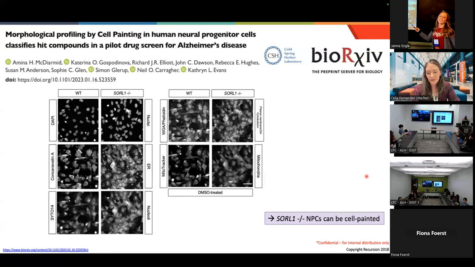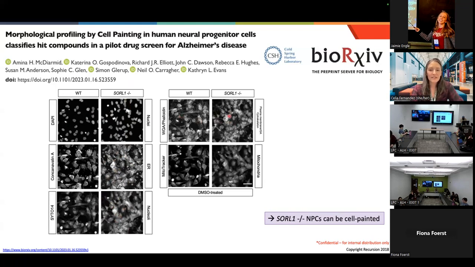So next they asked the question, okay, can we use cell paint on these? Because if we can't put these disease model cells through our assay, then we can't do our assay. And so the punchline is yes, they were able to cell paint the sortilin knockout. Again, there are some interesting, maybe slight differences here. There's maybe a slight increase in this concanavalin A, the ER marker, maybe a slight increase in this nucleoli marker.